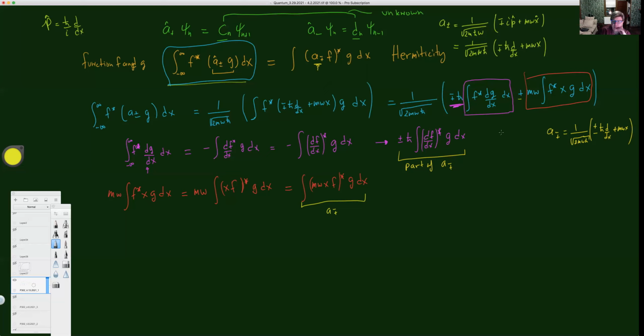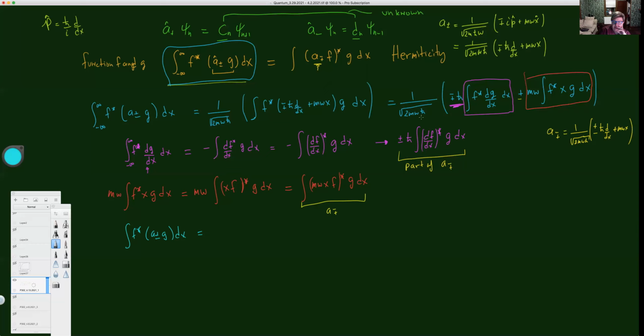Okay, so now I put it all together, and I go back to my blue color. I can see now that the integral of f star, going back up here, a plus minus g dx is, in fact, equal to the integral. So I'm just pulling everything together now. We just showed this is part of a minus plus, and this is part of a minus plus.